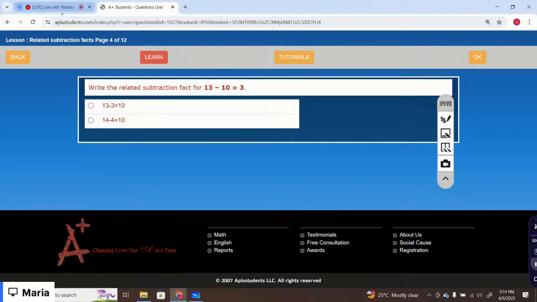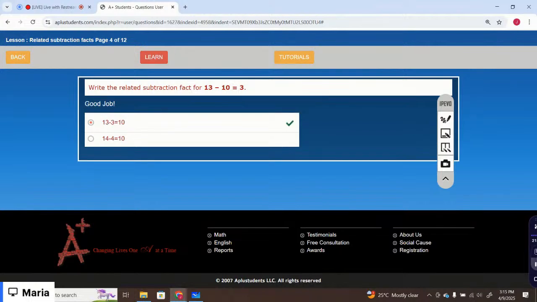Write the related subtraction fact for 13 take away 10 equals 3. That is 13 take away 3 equals 10. Option number 1 is the correct option.